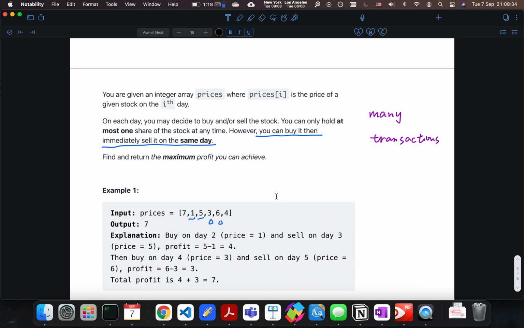So how to do that? Let's see. At each day we have 2 possibilities: we hold a share or we don't have a share. Based on these 2 possibilities, we can get the state prior to today.